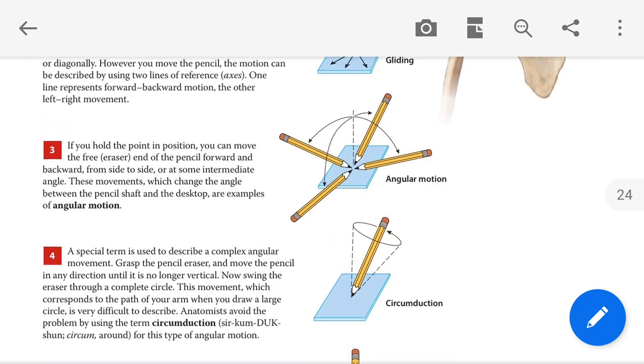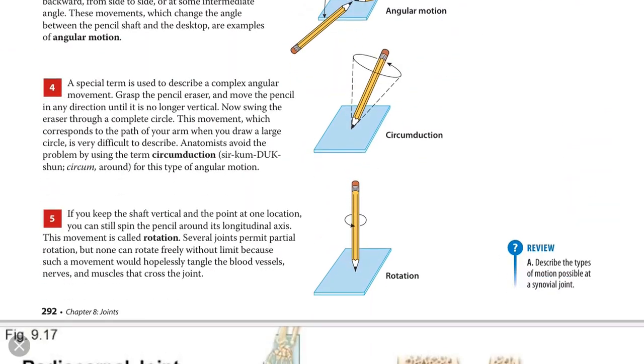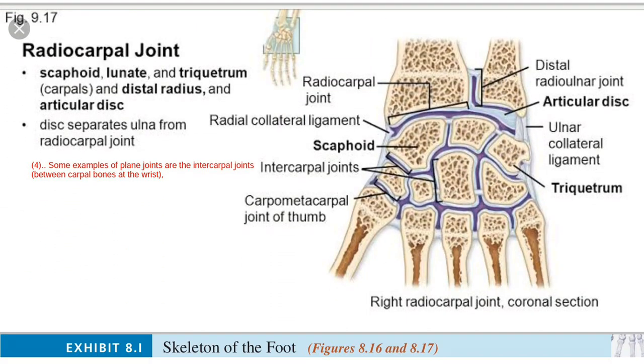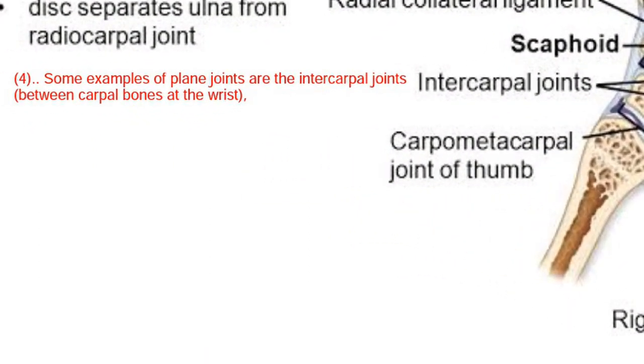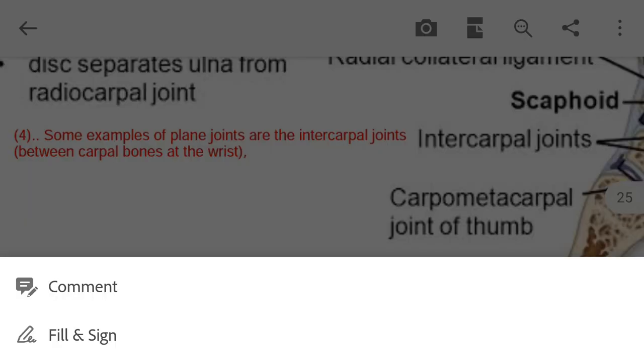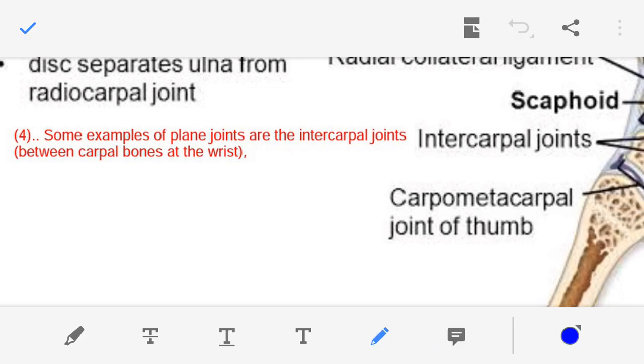Now the example of the planar joint. In our wrist, carpal bones are present.